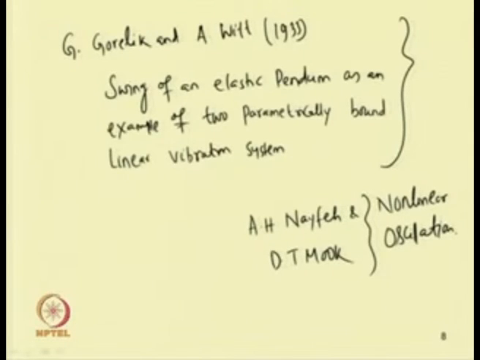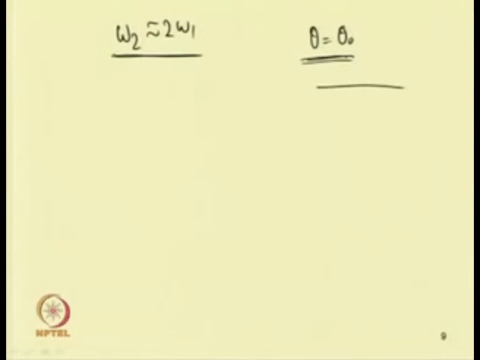Here it has been shown that if there is a relation between omega 2 and omega 1, for example, if one takes omega 2 nearly equal to 2 omega 1, then though the amplitude of oscillation is small, by giving the initial motion theta equal to theta 0 and releasing it, it is observed that there is energy transfer between these two modes.